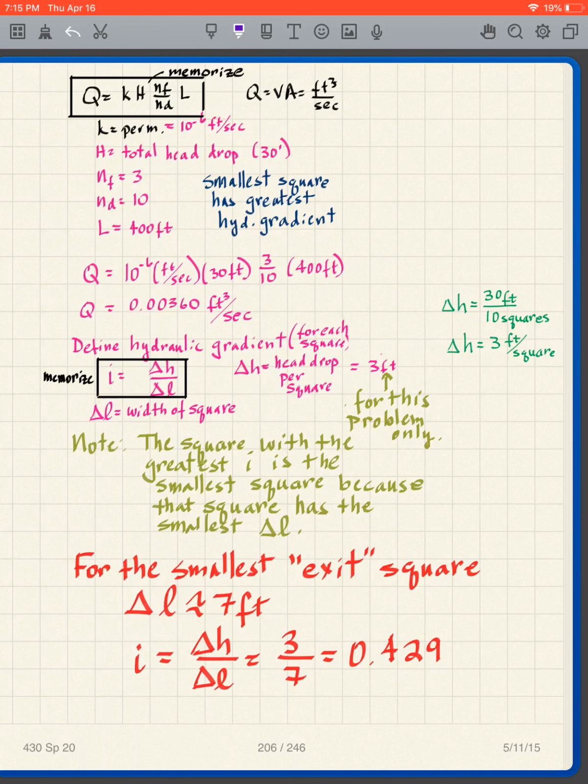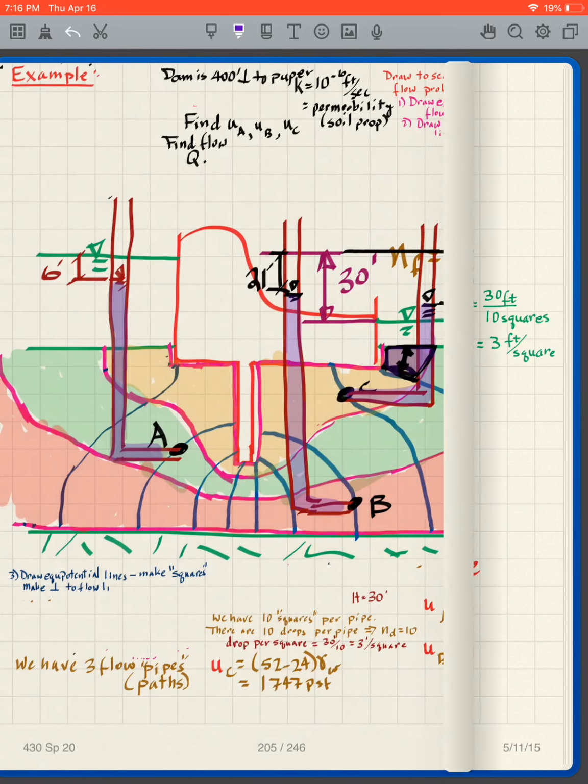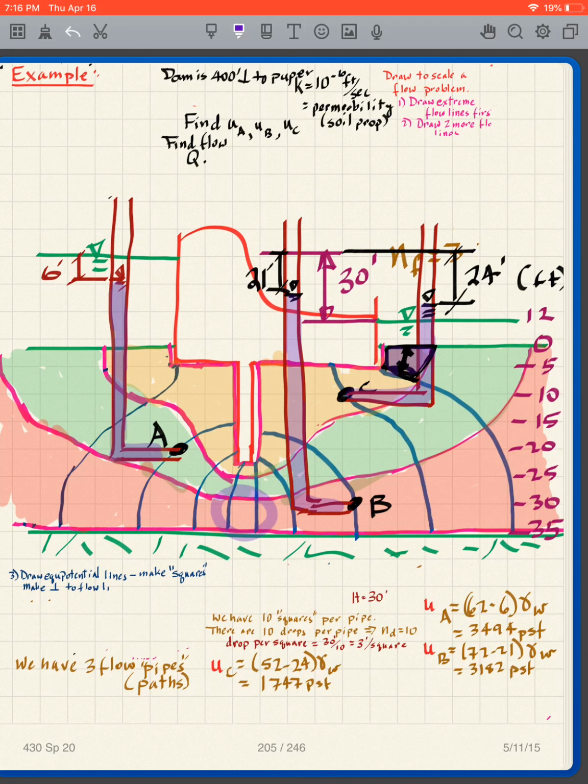All right, I want to define one more thing here, and that is the hydraulic gradient. This is a definition. Each square is going to have a different hydraulic gradient, and I'll explain why: because each square is not the same size. As we pointed out, we have squares of lots of different sizes. In this region I've got a small square, in this region a big square.